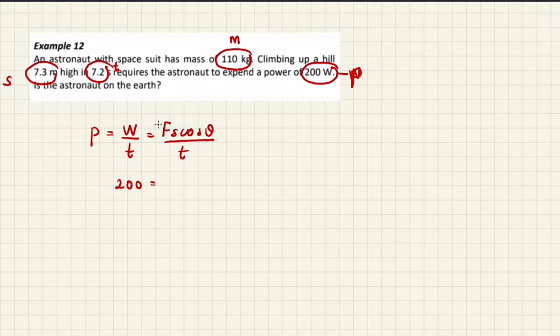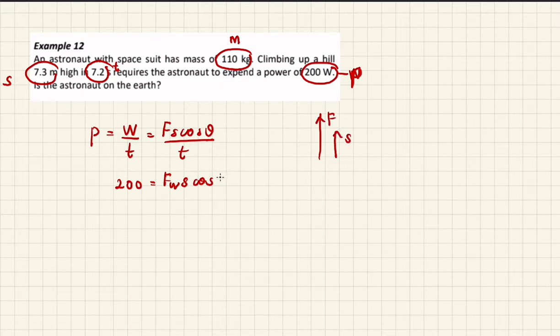Fs, F this untuk force. Sama juga, untuk dia climb the hill, force yang dia perlukan mesti sama dengan weight dia, barulah dia boleh membawa dirinya naik atas hill tu. So force ni is force by the weight. S is the displacement, cos sama juga, force dia naik hill dan displacement dia pun ke atas juga.